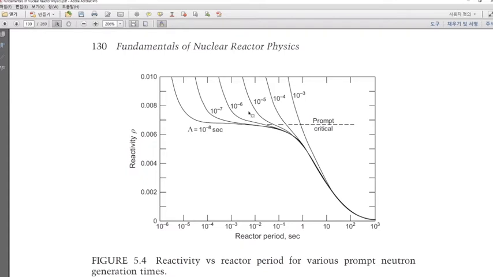And these values are the capital lambda, the prompt generation time. So the reactor period is determined by the magnitude of the prompt generation time. So how can you determine that?